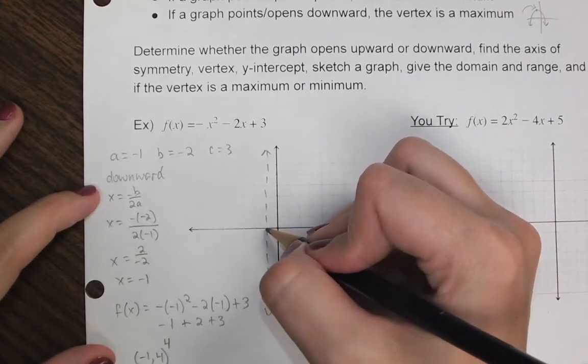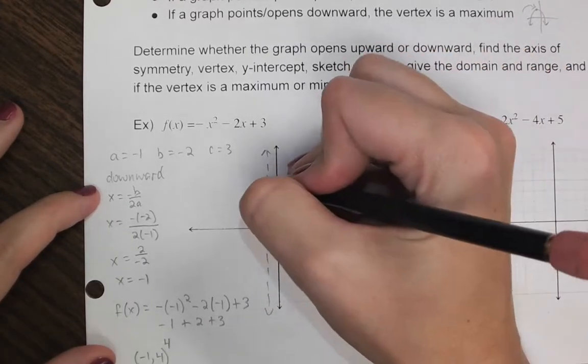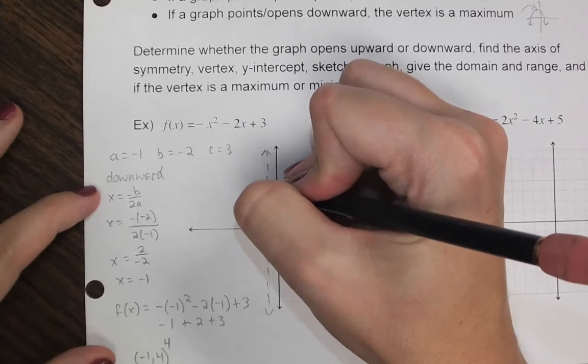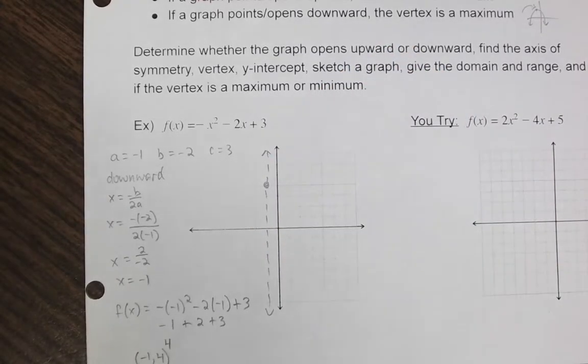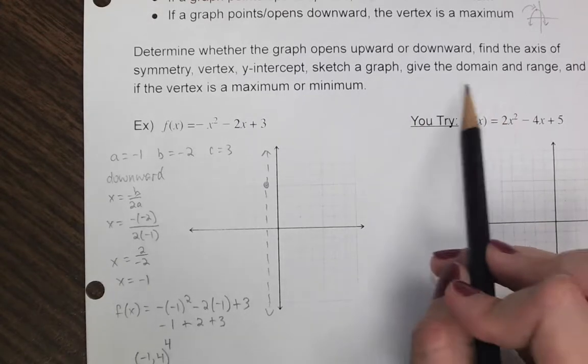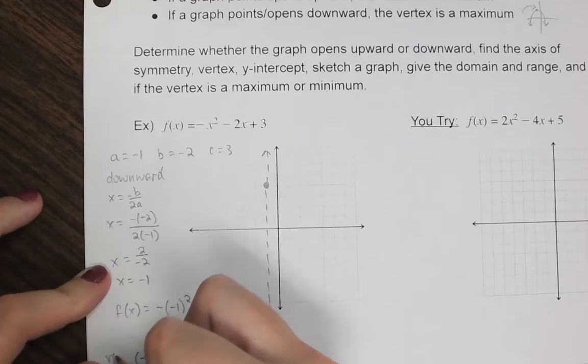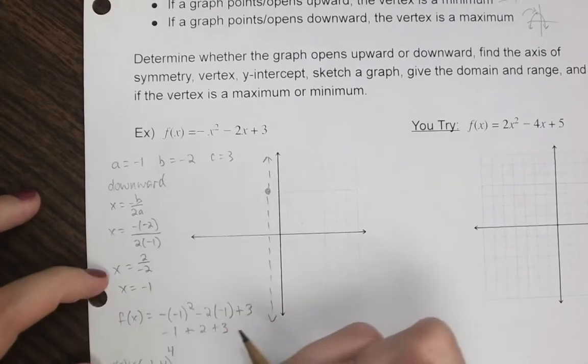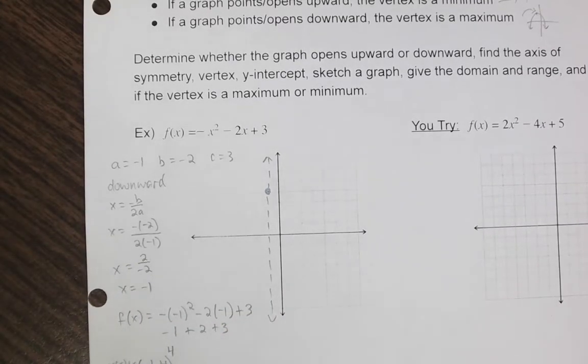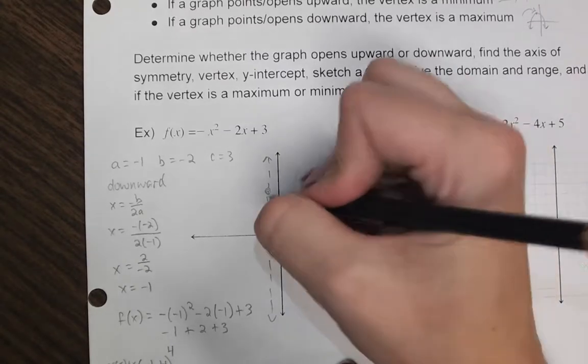And your vertex should always land right on that axis of symmetry because you use that to get the vertex. So it should always be there. Then it says, let's see what else, y-intercept. This is the vertex. The y-intercept is just the c value, whatever c is. So c was 3, so the y-intercept goes on the y-axis.